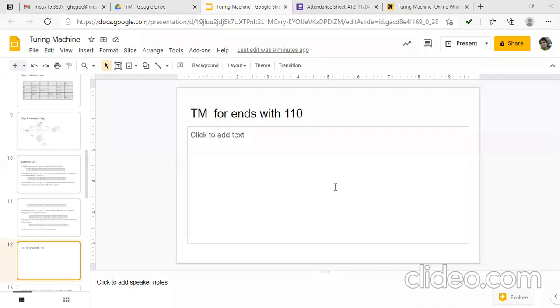You can unmute yourself and give the answer if you are lazy to type. Or even you can type, no issue. Unmute yourself and give the answer.